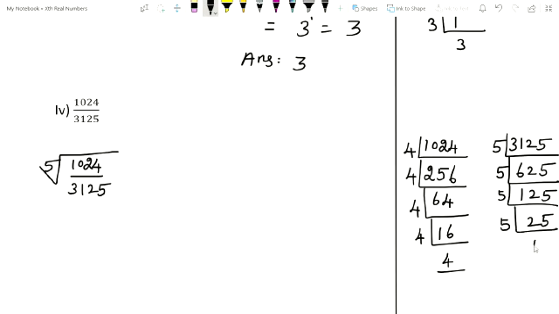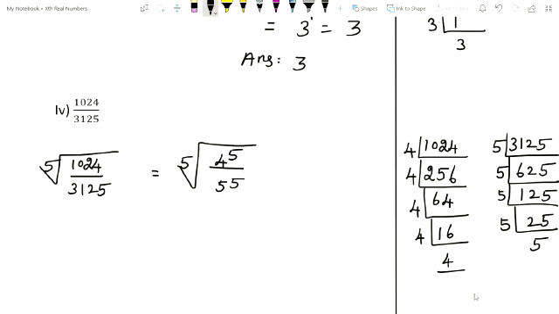Now how many 5s are there? 1, 2, 3, 4, 5. And here, how many 4s are there? 1, 2, 3, 4, 5. So instead of 1024 divided by 3125, how can you write this? 4 power 5 divided by 5 power 5.